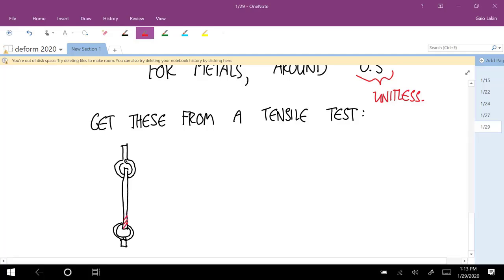This shaded red is the sample material. And you stretch it apart, which obviously takes a very strong machine.